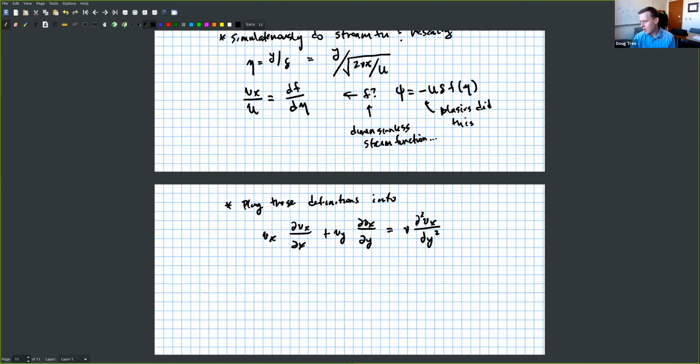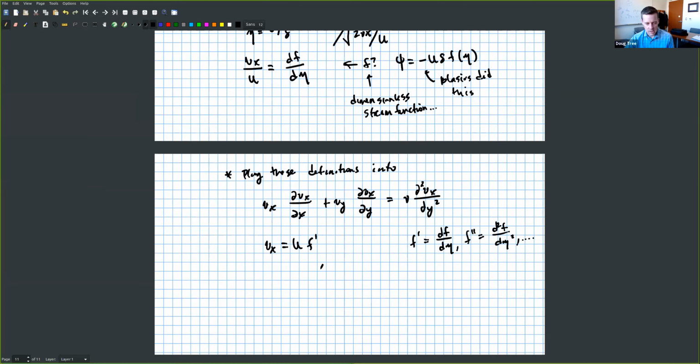Okay, so some of them are really obvious, right? So the first one, Vx is equal to u times, and I'm going to call this df d eta, I'm going to call that f prime. Okay, I'm going to call f double prime the second derivative of f with respect to eta squared, etc. So the first one, Vx is u times f prime.